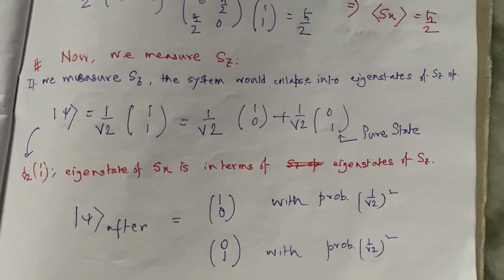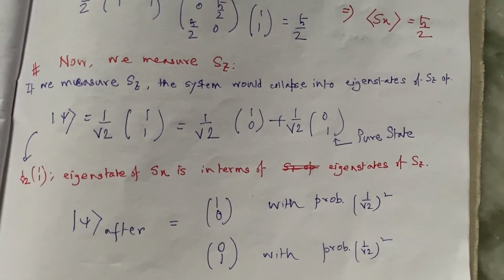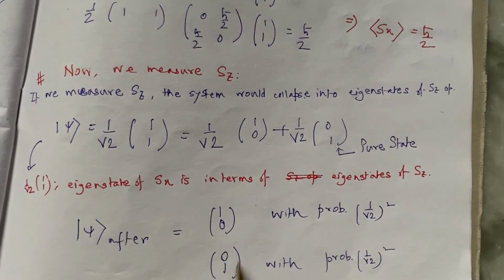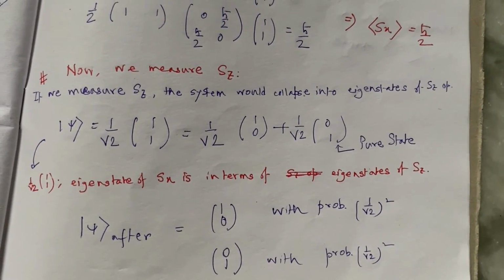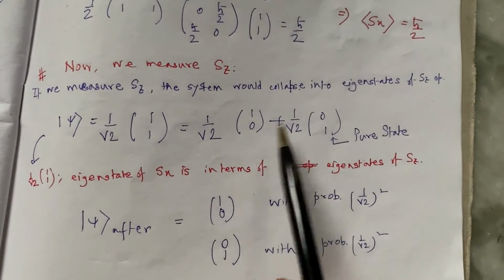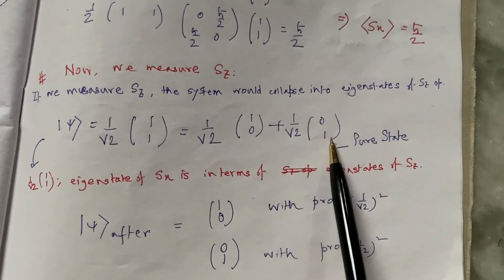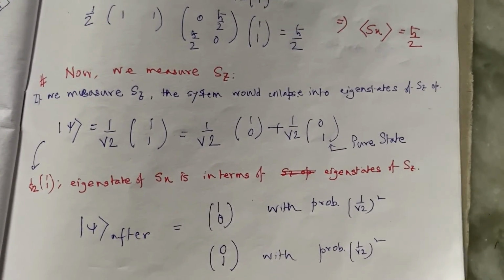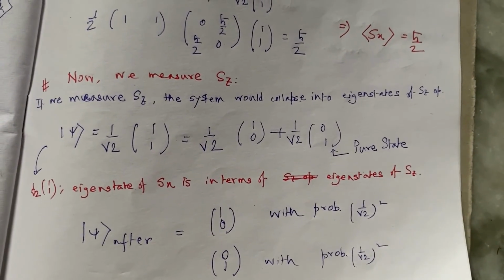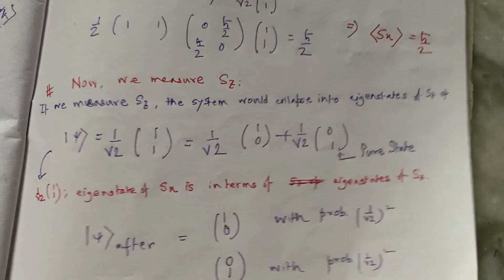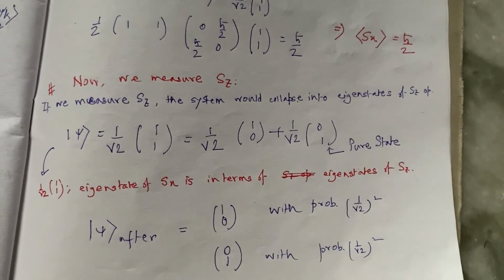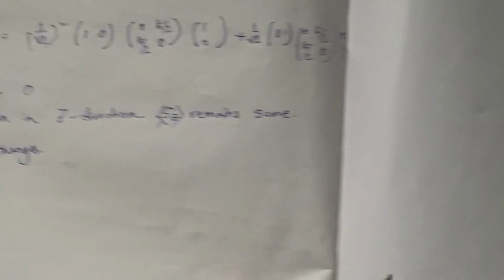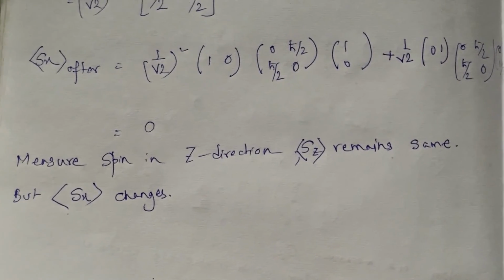But now the state is looking like this. So these states are the eigenstates of the Sz operator, so it will not be able to give me the expectation value of Sx, and that's what I have found here.